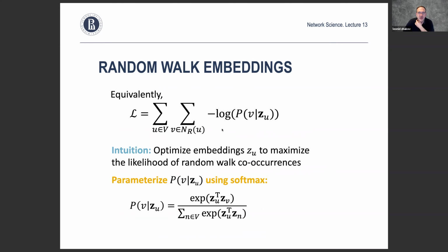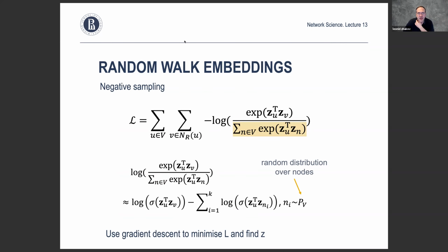So if we put this whole thing together, what we get is those two sums: it sums over all the nodes, then here would go the sum over all the random walks that originated from each node, right? This is every node in the graph.